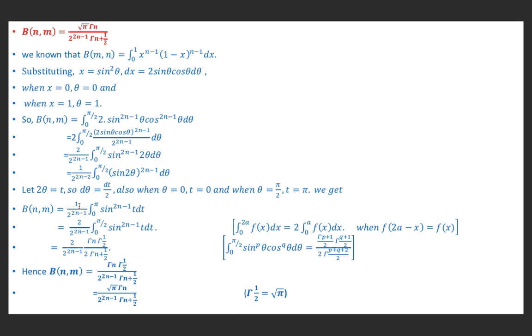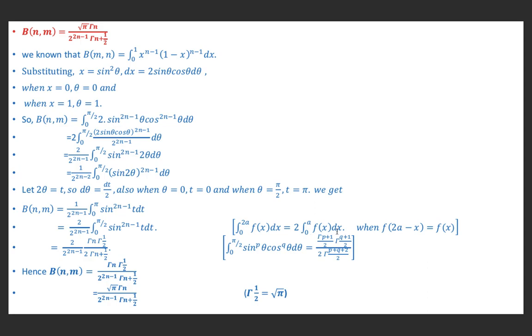So this is equal to twice integral 0 to pi by 2 sine 2n minus 1 t dt.